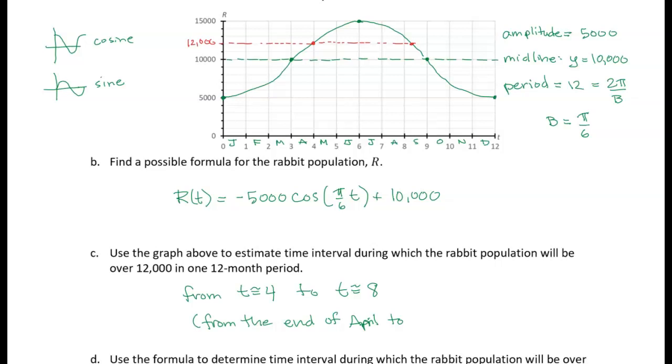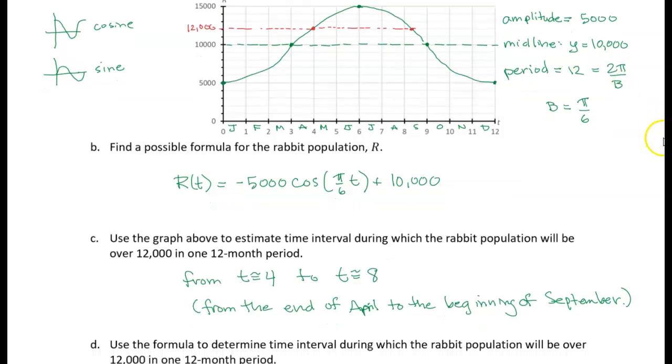So we're going to say the beginning of September. Okay. All right. So we've estimated using the graph.